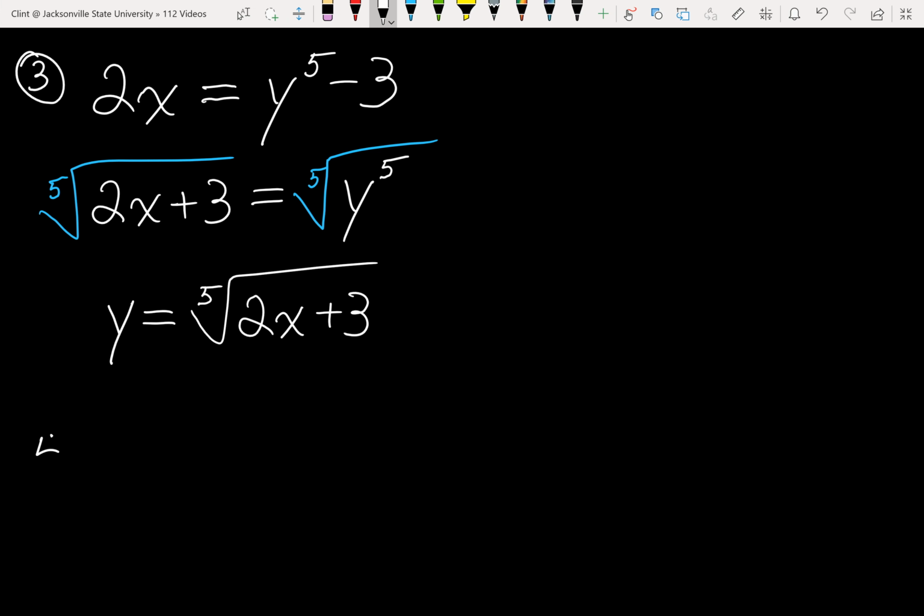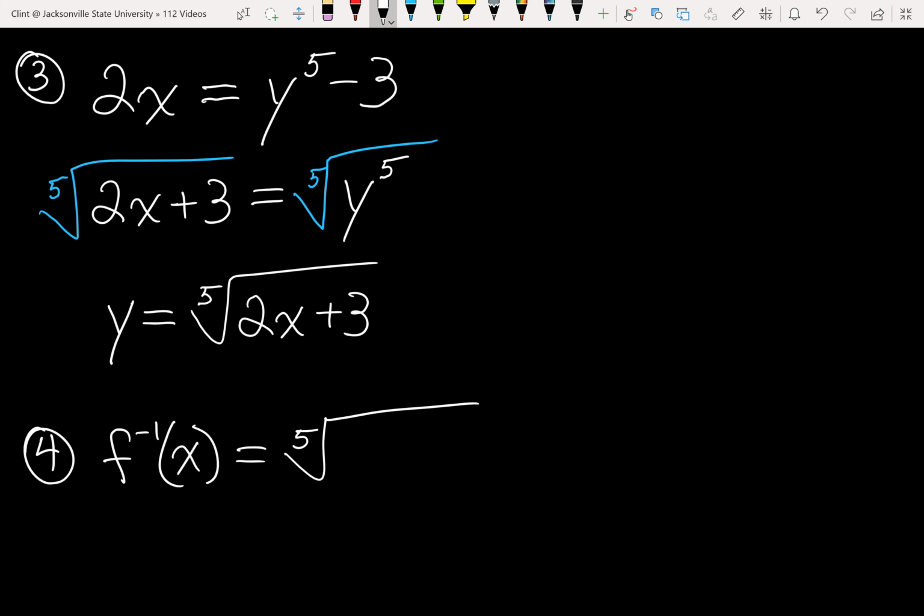And then for step 4, we could say f inverse of x equals the 5th root of 2x plus 3. Or another way you could write this, instead of 5th root, you could write 2x plus 3 to the 1/5 power. That's the way the textbook usually does it, but either one's okay.